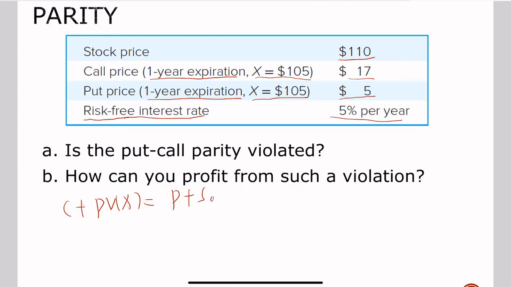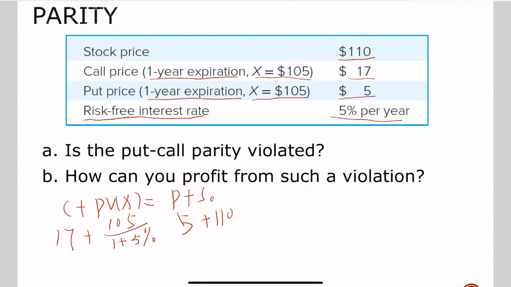What is C here? Well, it's just $17. What is PVX? It's the present value of X. So it's 105 divided by 1 plus interest rate, which is 5%. What is P? Well, it's just 5, right? What is S0? It's 110.